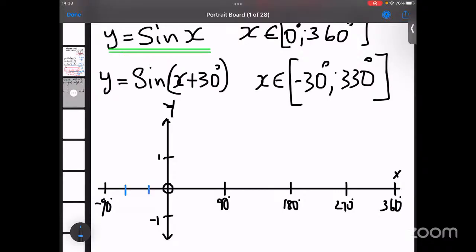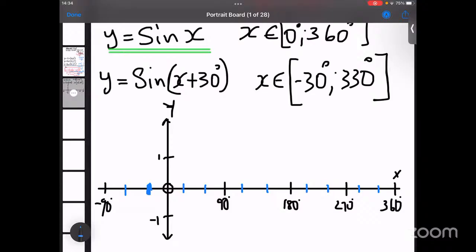So this one has shifted by 30 units to the left, so it is going to start from there. And then we have 0, 30, 60, 90, 120, 150, 180? So in between you have 2 points, because you are trying to space it to make sure that the interval of 30 is included.